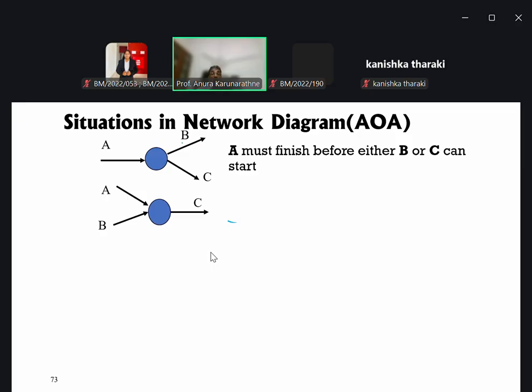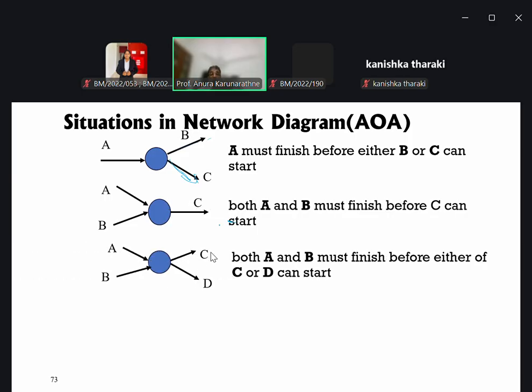This is the rule when you are drawing the diagram. So in order to go for C, A should finish. Here both A and B must finish before either C and D.